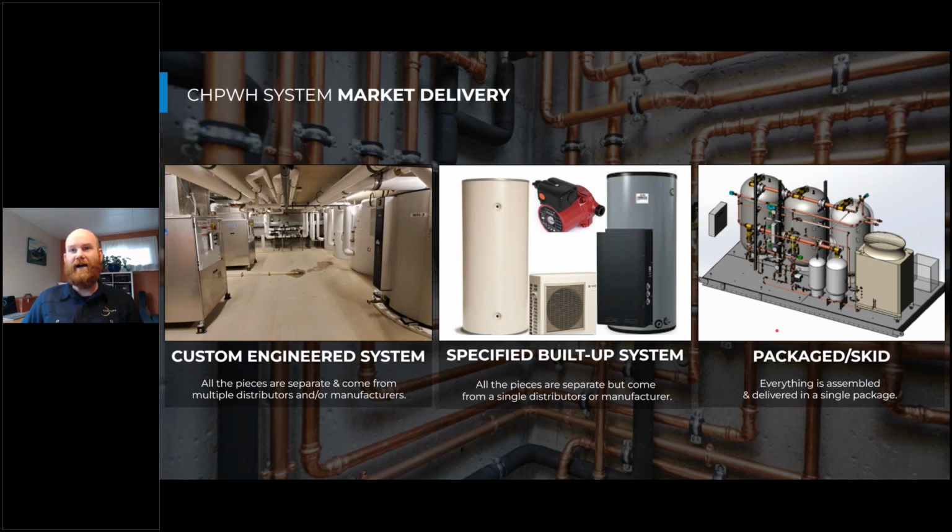Typically it's a single package. Sometimes the skids are split out into two packages just for construction and sizing reasons. But typically it's a single package, and we're connecting a hot water pipe, a cold water pipe, a hot water return or circulation pipe, and then electrical and communications to that device. And that system would be off and running, providing hot water to the building after being commissioned, of course.